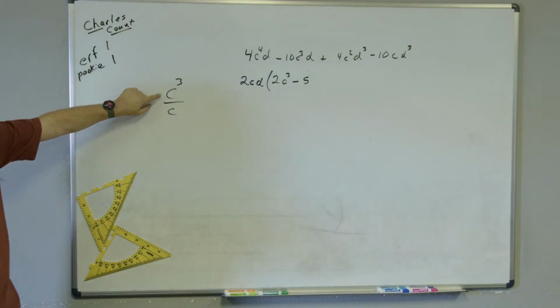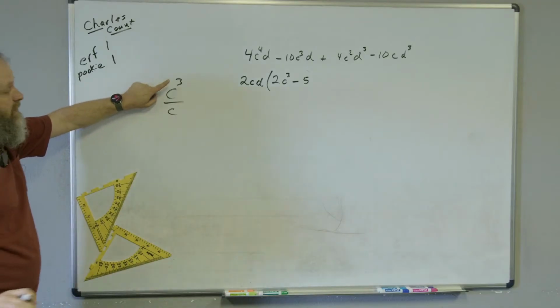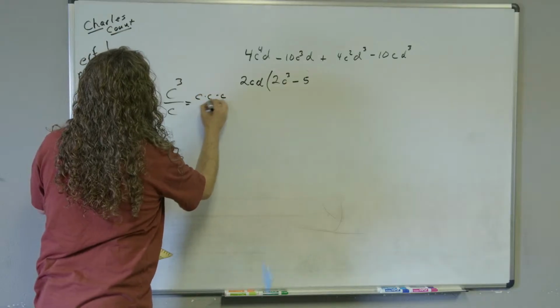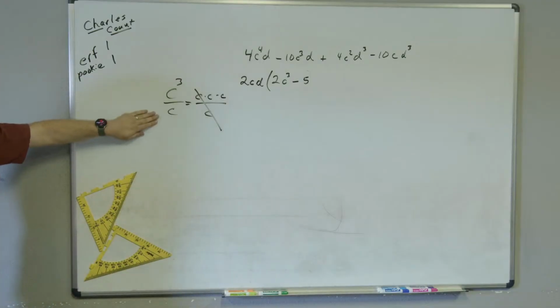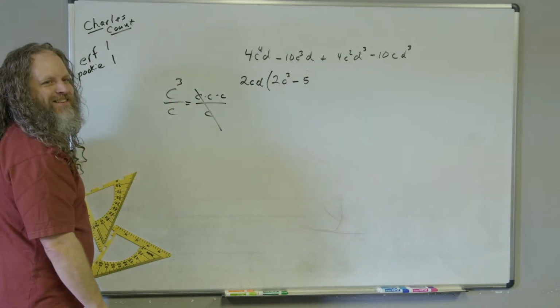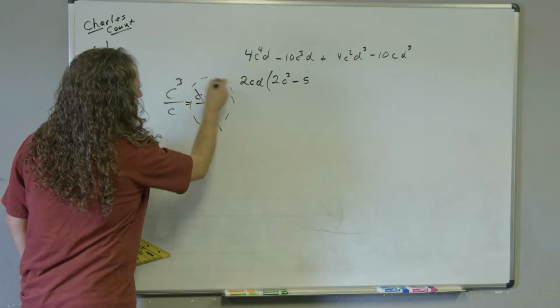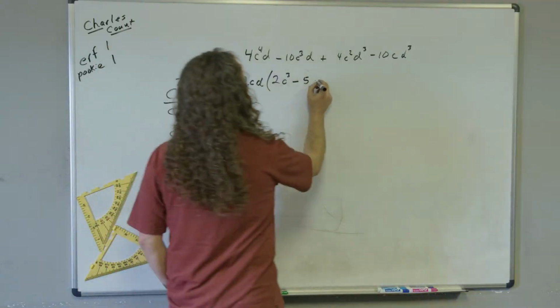So how many C's are up here? There are 3, because this means C times C times C, right? So C cubed divided by C is what? How many C's are left? Oh, 2. C squared. Good job.